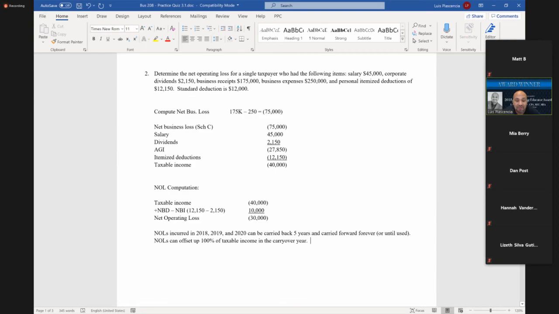Well, you don't even have to mention the CARES Act, but as long as you understand that NOLs that were incurred in 2018, 2019, and 2020 can be carried back up to 5 years and carry forward indefinitely. And again, the 80% limitation on taxable income does not apply. As long as you understand that.